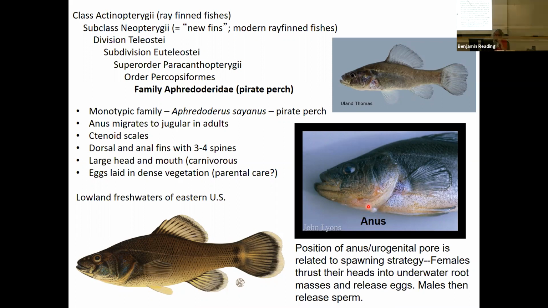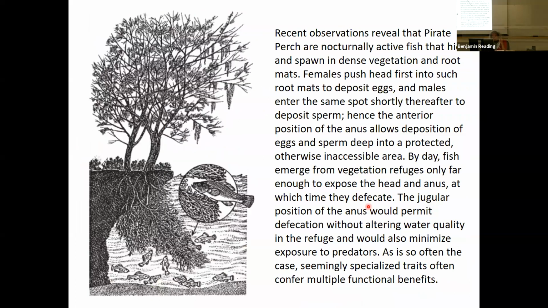Your textbook has this story in there where we talk about pirate perch, and this is an example. If you've got some trees growing on the side, you've got a root mass maybe extending into the aquatic realm, and these pirate perch will hang around these root masses, or in some cases submerged aquatic macrophytes, and they live here.